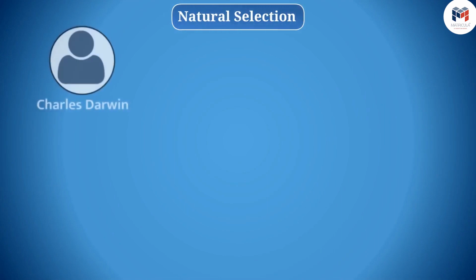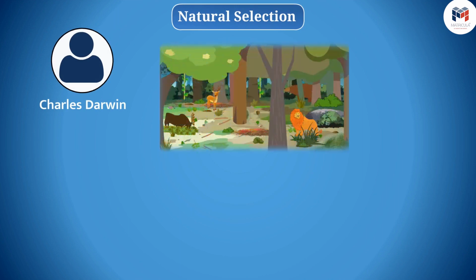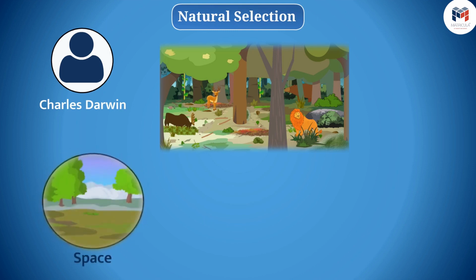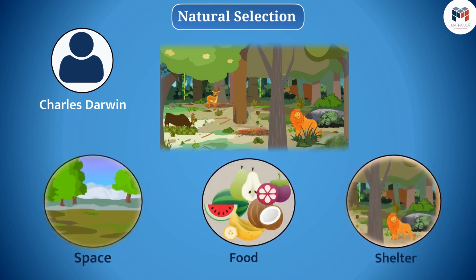The theory of natural selection was proposed by Charles Darwin, in which he said that all organisms compete for different needs like space, food, and shelter, and to survive in extreme conditions. The organisms which show the necessary adaptations win in this competition and survive.